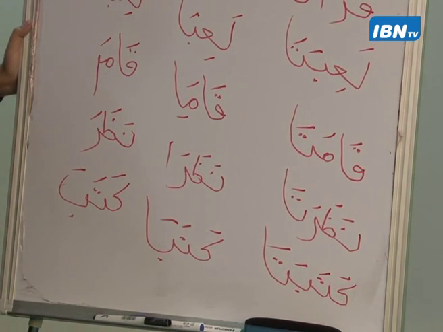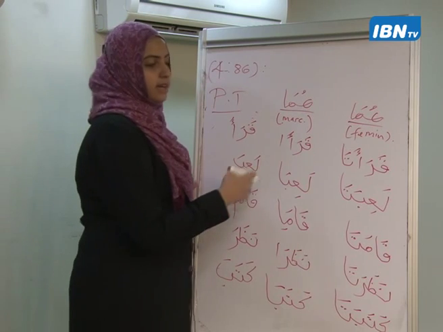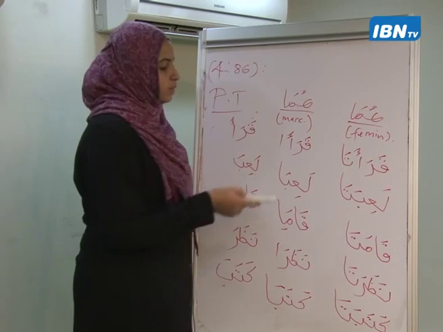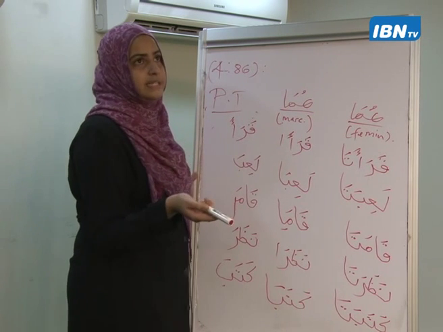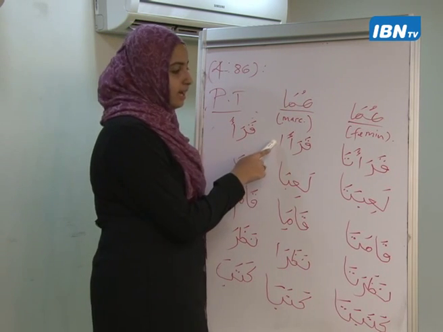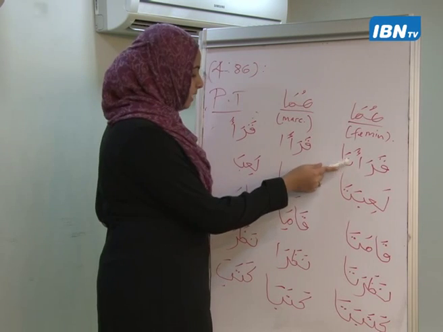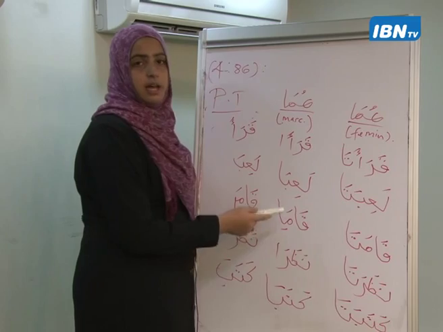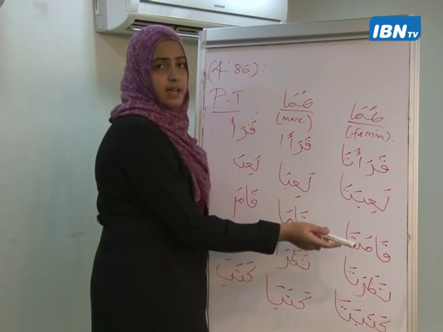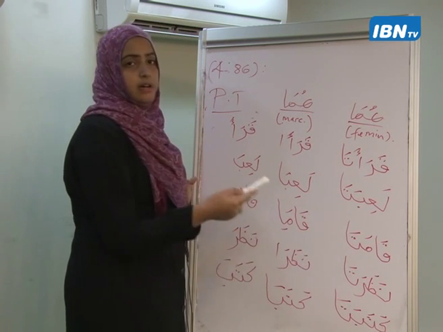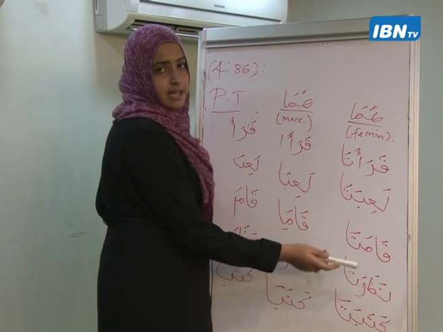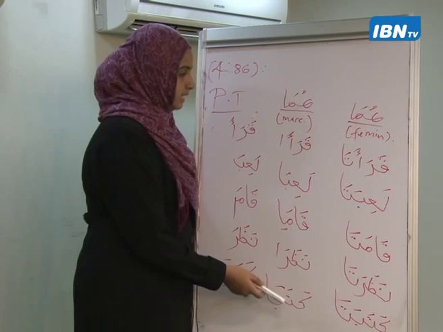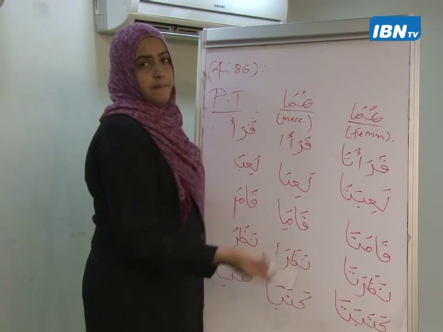Right, so these are the examples I have put here. Qara'a becomes qara'ata, right? So I can say for huma masculine, qara'a. So let's say for example I say qara'a waldan, qara'ata bintan, la'iba waldan, la'ibata bintan, qama waldan, qamata bintan, nadara waladan, nadarata ukhtan. Okay, kataba waladan, katabata bintan, right?